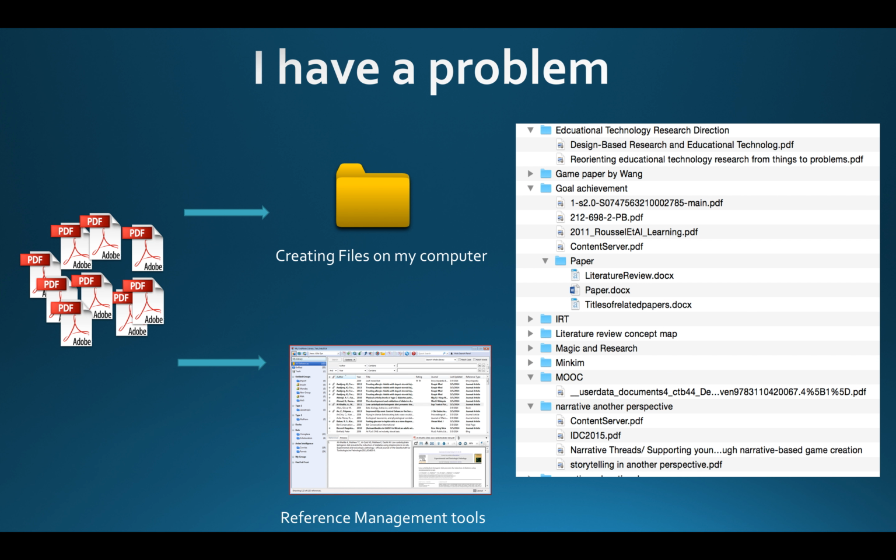I created files and subfiles, more and more subfiles, and it looks like a file tree. For me, it's not well organized, and it's really hard for me to see the relationship among the different papers, and also it's very hard for me to find the paper I really want.